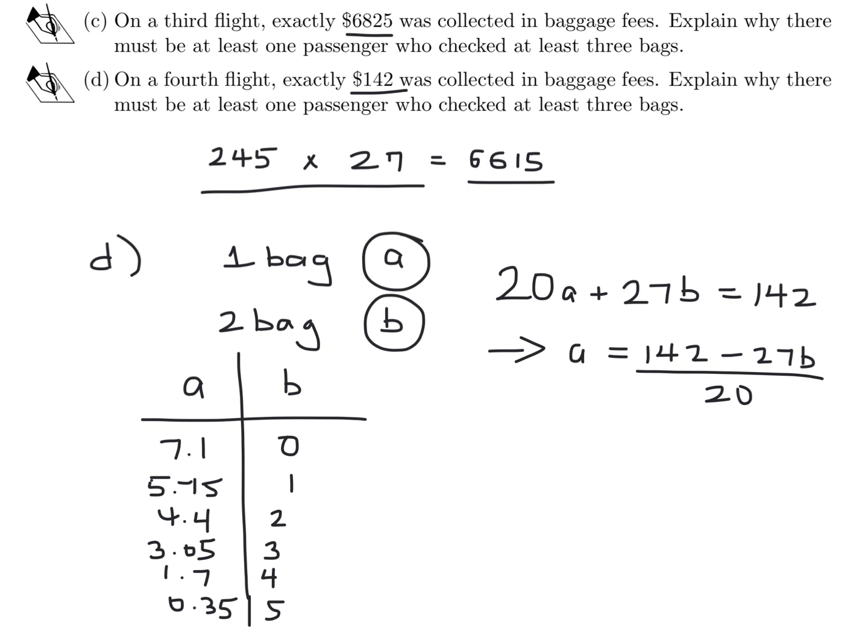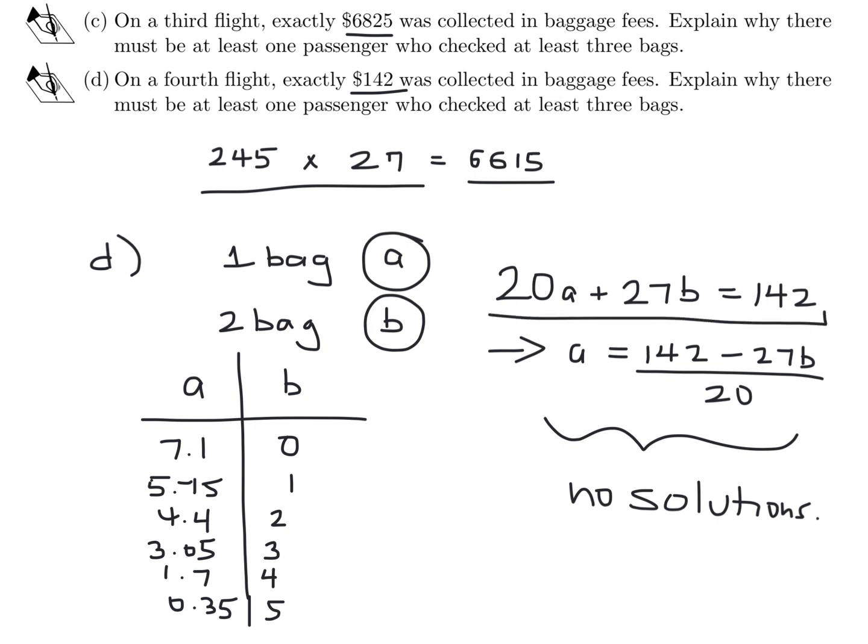So what we've shown is that there's no solutions here. So that means this cannot be the case if we only have 1 and 2 bag people. We need to have at least a 3 bag person in order for this 142 to happen.